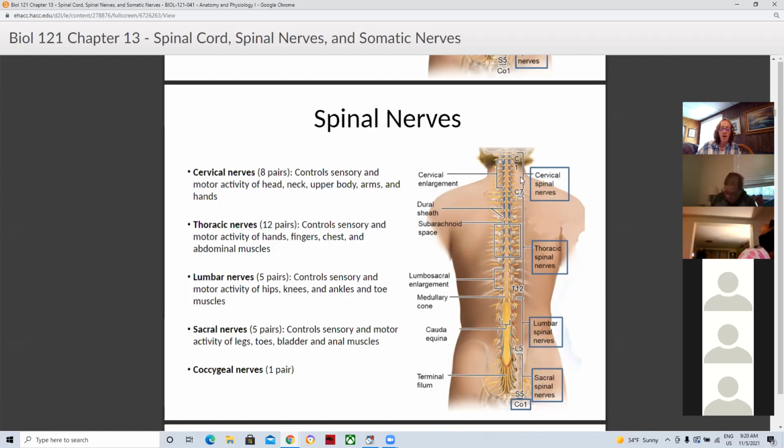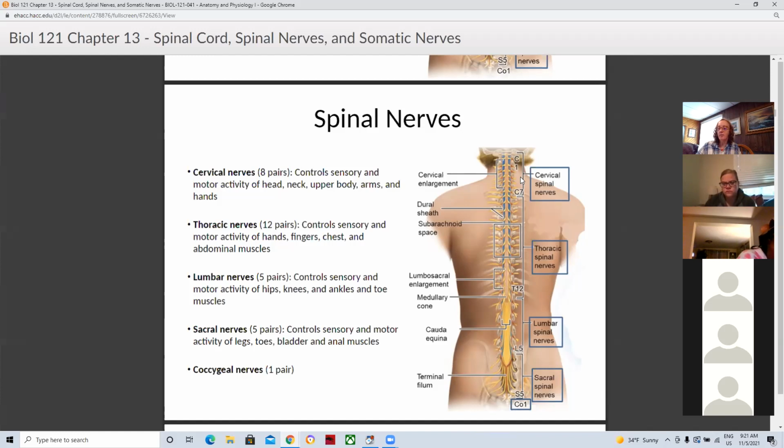Braden, how do you get 8 cervical nerves if there's only 7 cervical vertebrae? I guess one of them has 2.